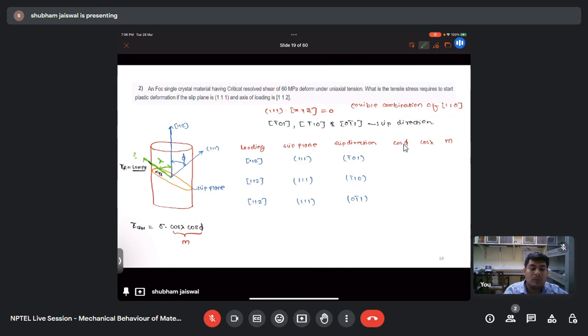So cos phi, or the phi, is the angle between the normal to the slip plane and the loading axis. Here I have given the loading axis and the normal to the slip plane. Now try to figure out cos phi and cos lambda.